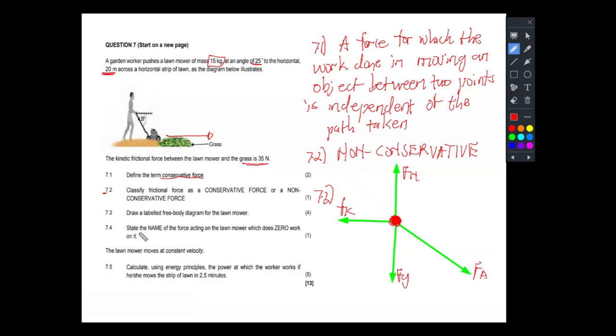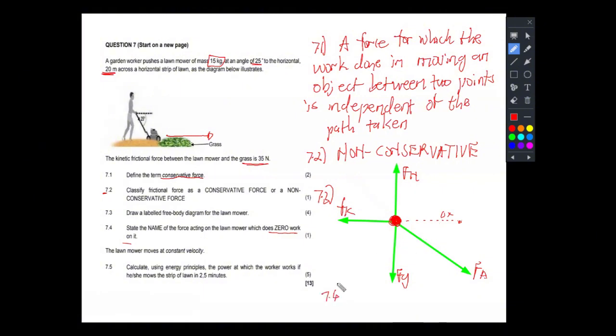Then 7.4 says, state the name of the force acting on the lawn mower which does 0 work on it. Now we know that the ones that will be doing 0 work are the ones that are perpendicular to the displacement. If we consider this to be our displacement, the lawn mower is going to the right, then we can see that our normal force will be perpendicular to the displacement, and also our gravitational force will be perpendicular.